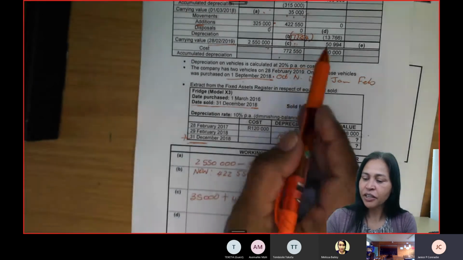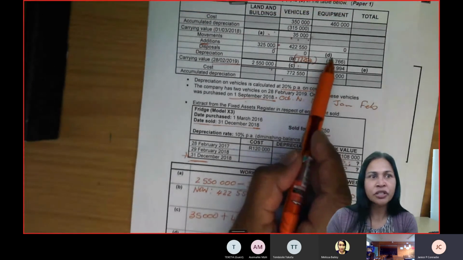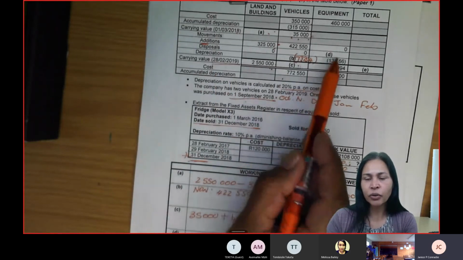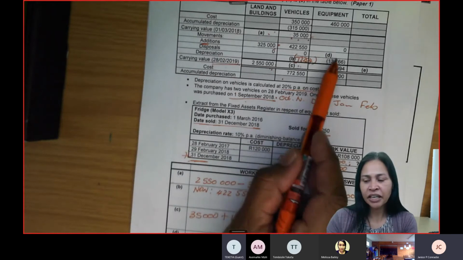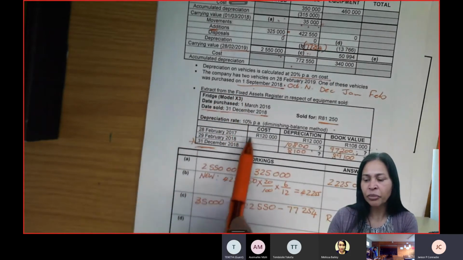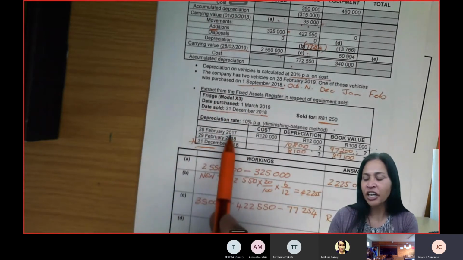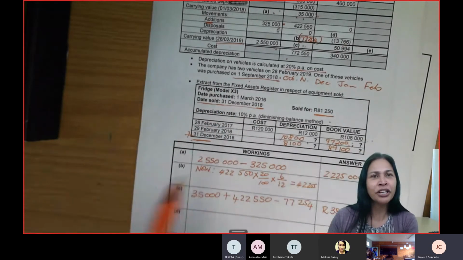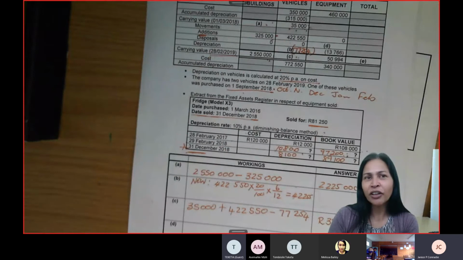D says I need to find the disposal. Now keep in mind disposal would be at carrying value, right, for my equipment. I'm going to say again, the disposal at carrying value for equipment. So you are going to take into account all that information here in your fixed asset register. And you have completed the information already, so you don't need to calculate anything.